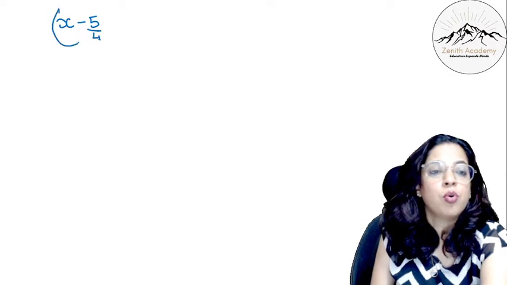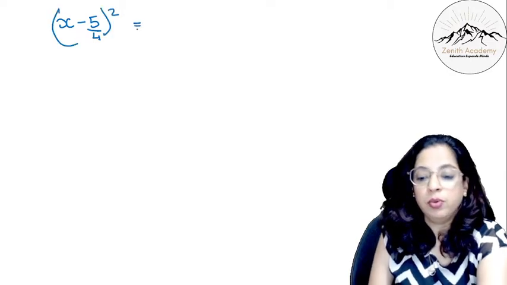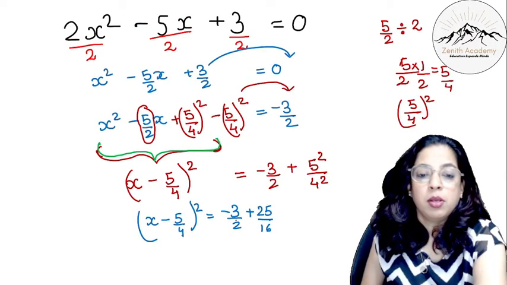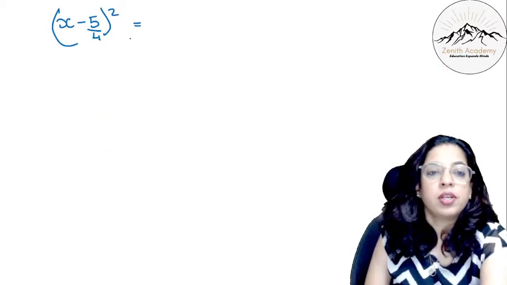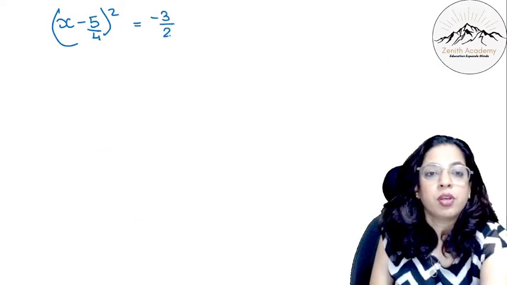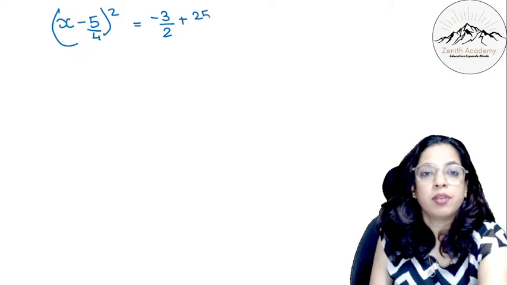So now let's take it on the other side. X minus 5/4 whole square is equal to minus 3/2 plus 25/16.